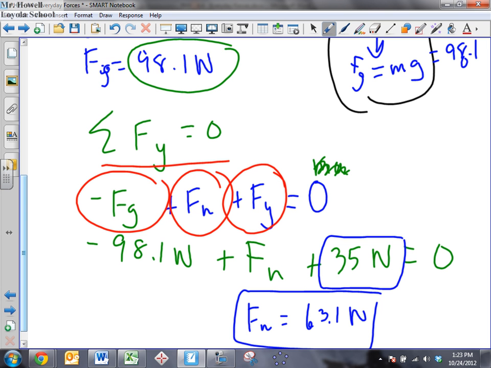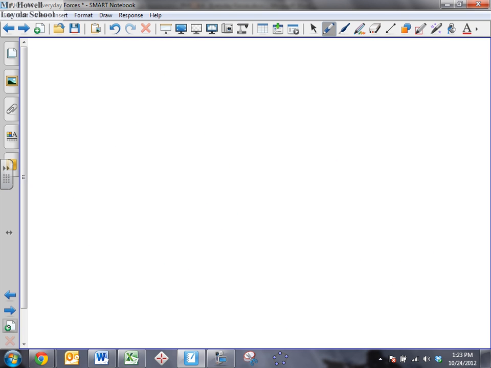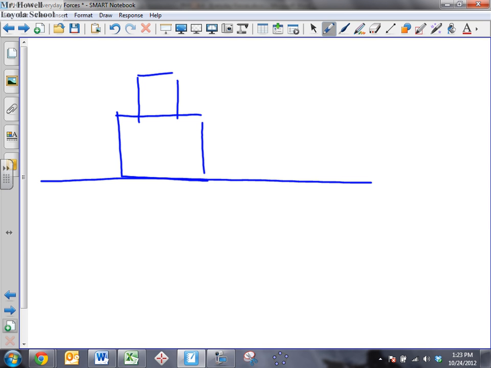All right, I'm going to make up this example because I want to do one more before we go on. We've got two objects stacked on top of one another. The upper object has a mass of 5 kilograms.